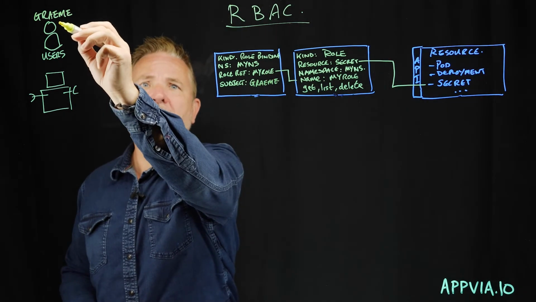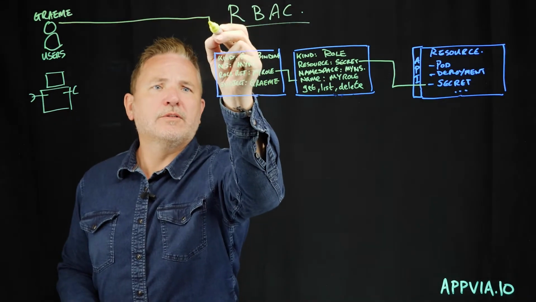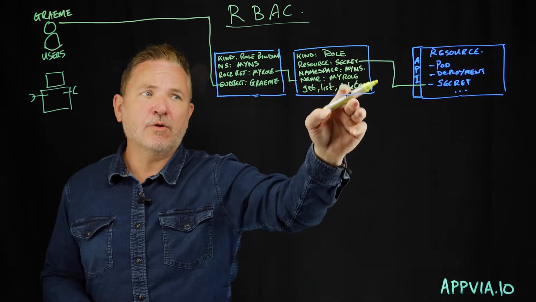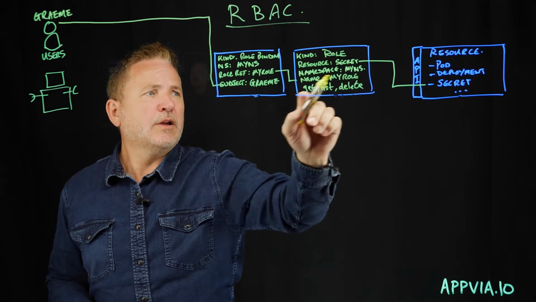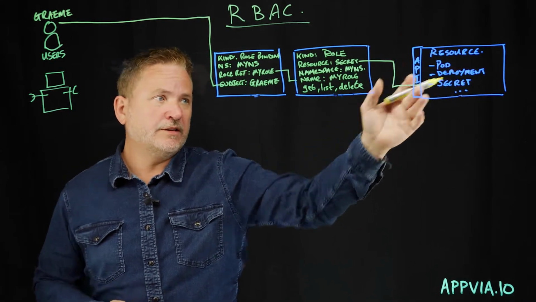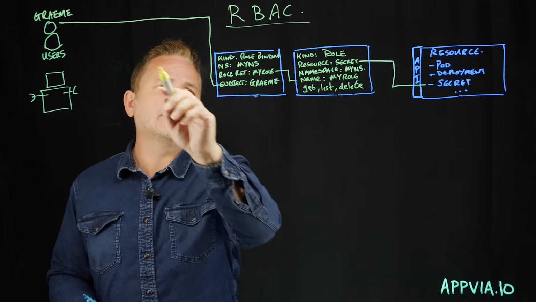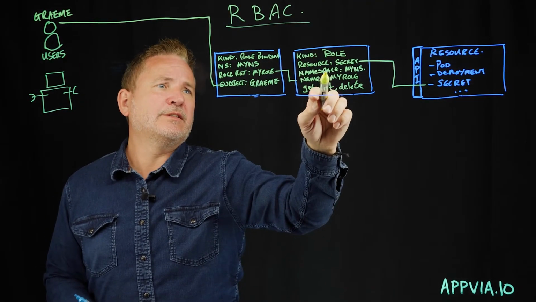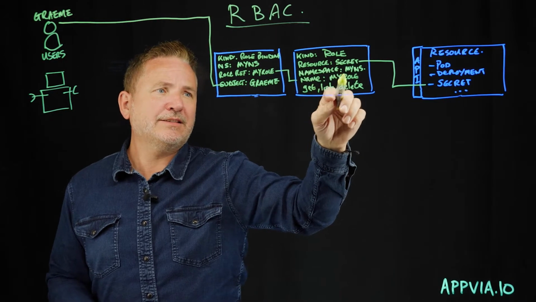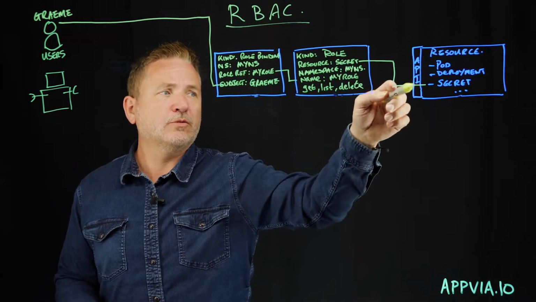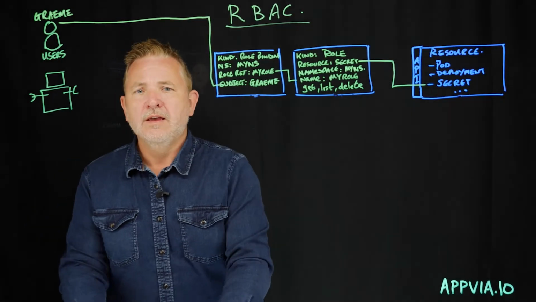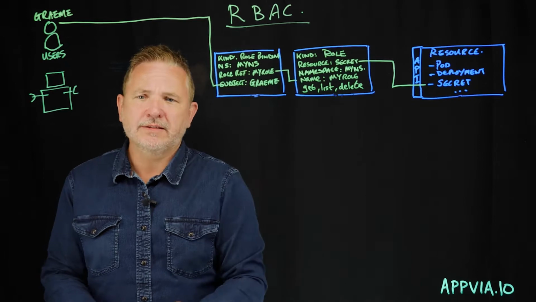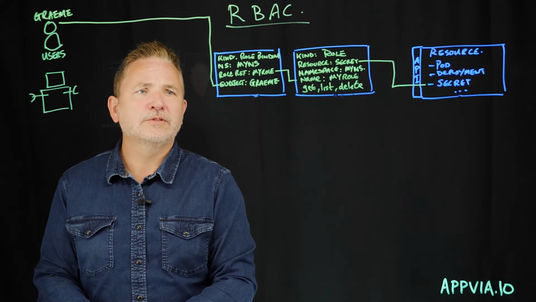And that will link our user all the way through to my role binding, which will have a role attached, which will be related to a resource. So what I'm saying is Graham has a role which gives get, list, and delete access to this resource, which is a secret.